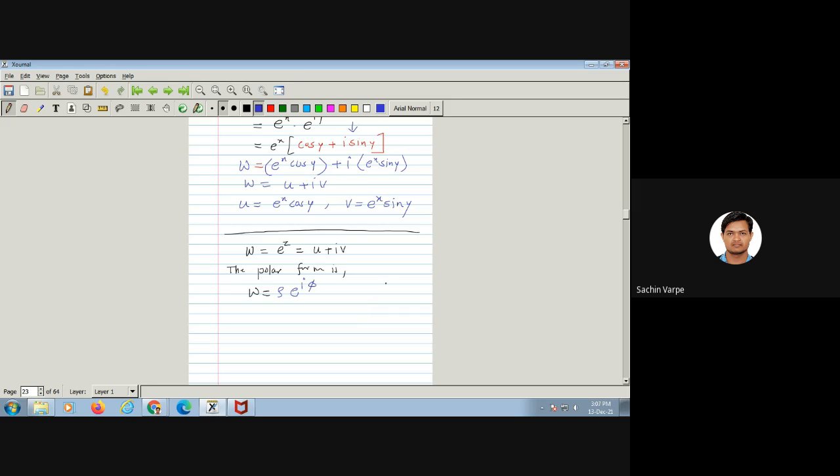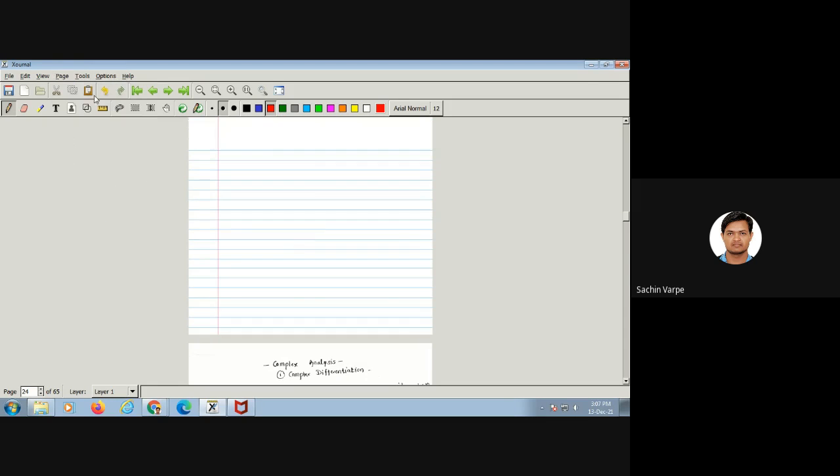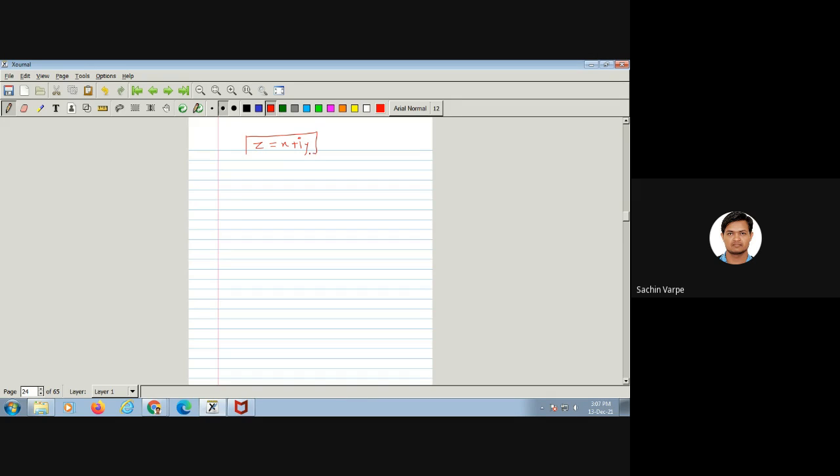Okay, let me explain why we are writing like this. See here. Suppose z equal to x plus iy. Actually, this was there in the last pattern in engineering mathematics 2, but it is excluded, I guess, from M2. Anyway, as we know, this can be represented in terms of r and theta. This is in terms of xy Cartesian coordinates. How do we write in terms of r and theta?